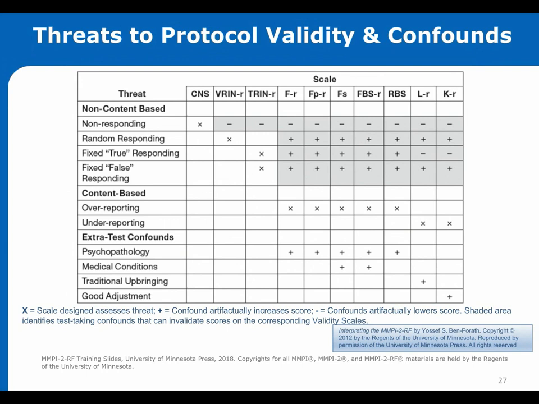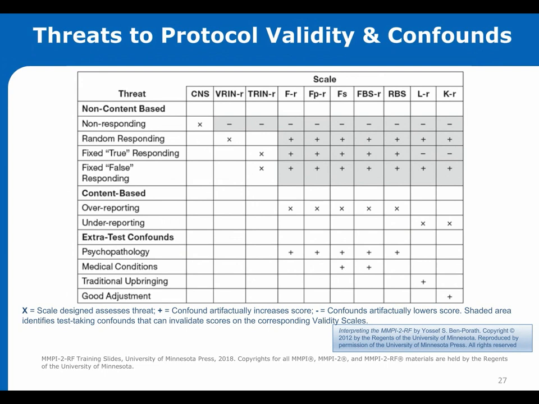And what this means is that non-responding artifactually lowers scores on these validity scales. And this makes intuitive sense, right? Consider as a thought experiment if somebody didn't respond to any of the MMPI-2-RF items, well, necessarily all their scores on the validity scales are going to be 0, right? So it's going to artificially lower those scores. So that's what those minus signs indicate.